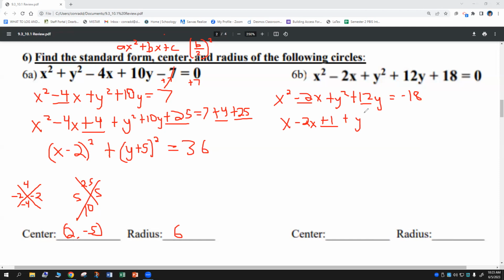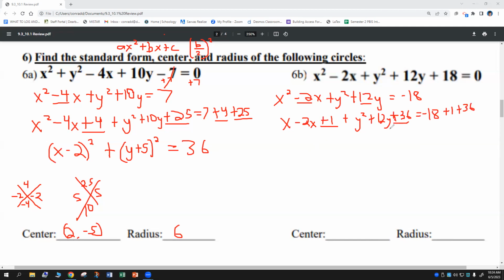Okay, y² + 12y. Well, 12 divided by 2 is 6. 6 squared is 36. So I'm going to add 36. All right, and then if we added it to one side, we got to add it to the other.